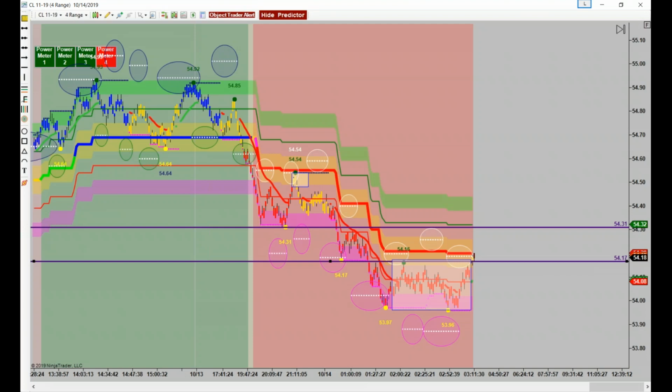Going to be in at 16. Stop on it's going to be just right above mid-band. We'll scalp it if we get a scalp. See, that's a classic mid-band trade.